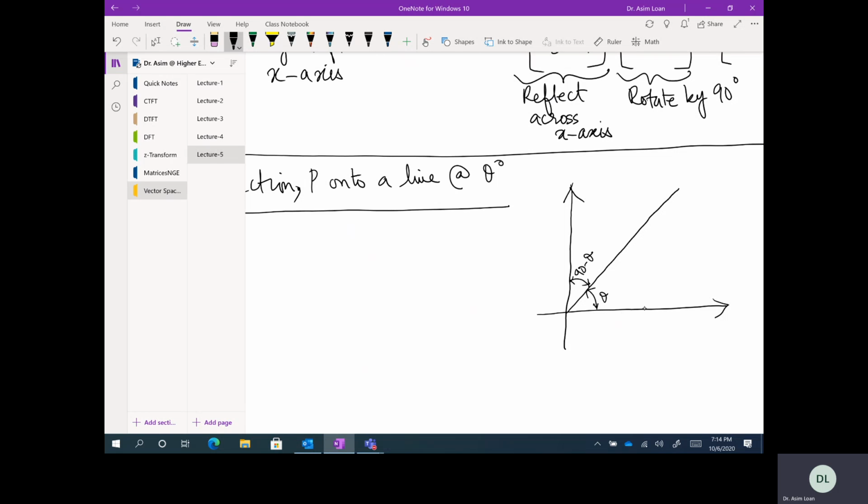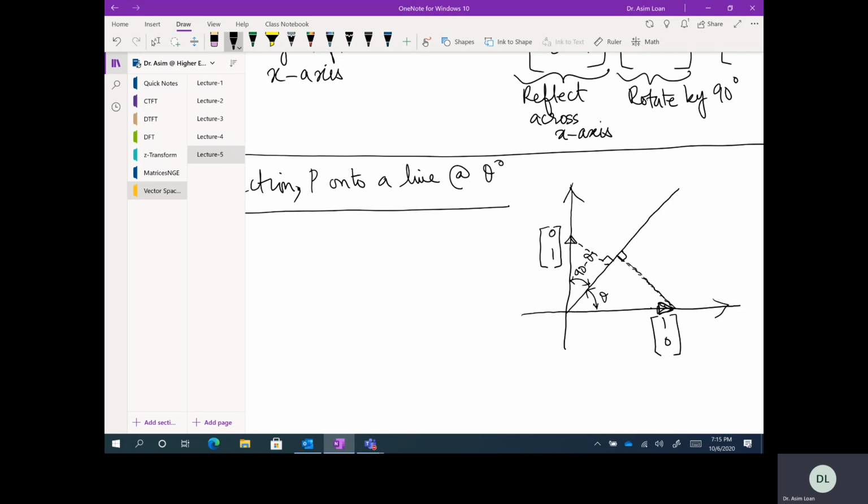Again, I have this vector, which is 1, 0. This vector over here is 0, 1. And I project this vector onto this line. This is 90 degrees. And I project this vector onto this line.